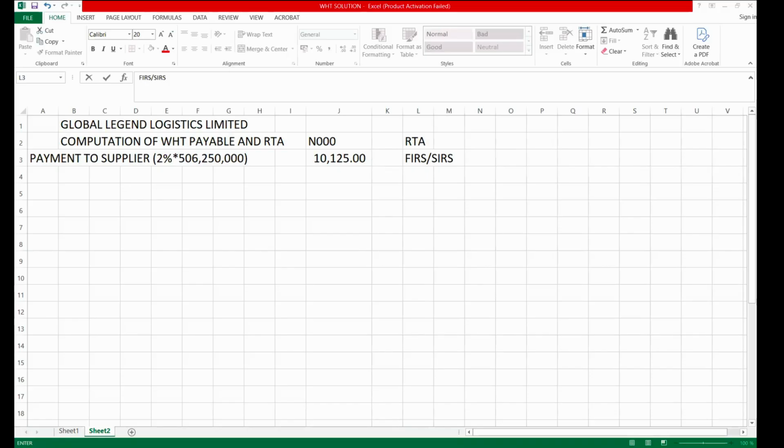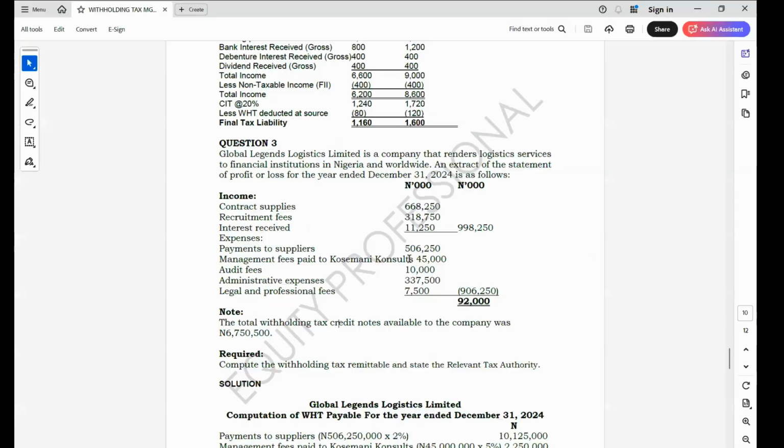It's not given to us. They just said payment to supplier. The fact that this particular agent is a company does not mean all their suppliers will be companies. As a company, that does not mean you don't deal with enterprises. So the relevant tax authority will be both FIRS and the State Internal Revenue Service, because they also deal with enterprises and individuals.